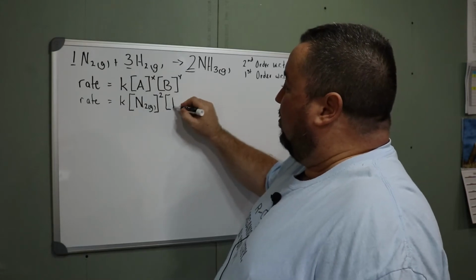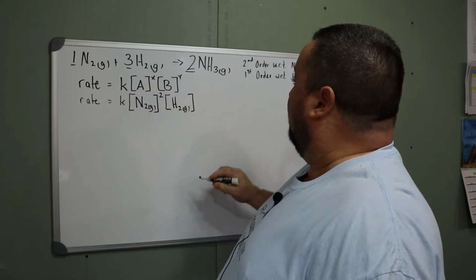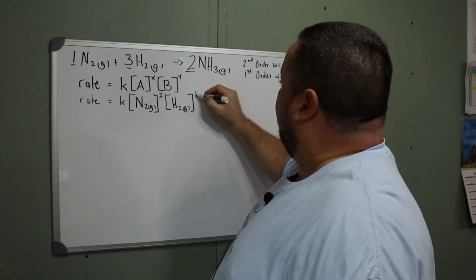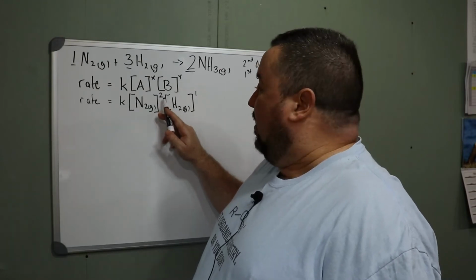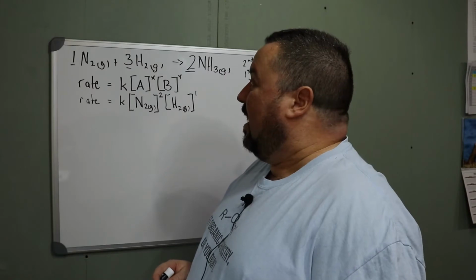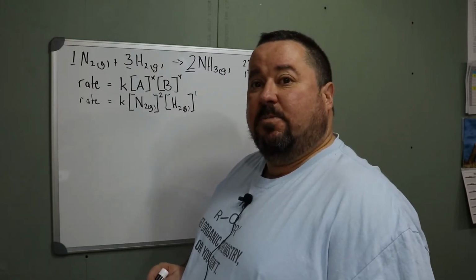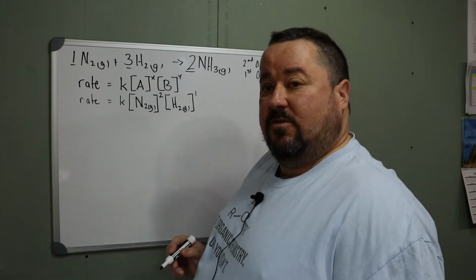B is hydrogen, and its order is 1. So you'll notice that these, unlike our equilibrium constant, have nothing to do with the stoichiometric coefficients in the reaction. They're determined from experimental data, or for technologists, you'll be told what the order is.